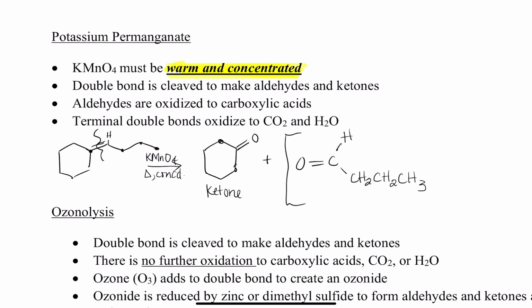So this right here is going to further oxidize into a carboxylic acid. So after you cleave your double bond, just identify what's a ketone, identify if you have an aldehyde, so then you can further determine what needs to be oxidized.